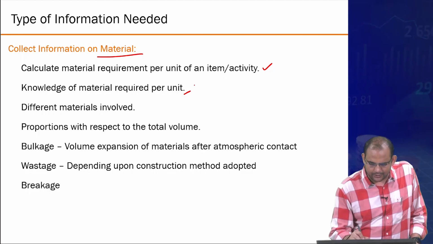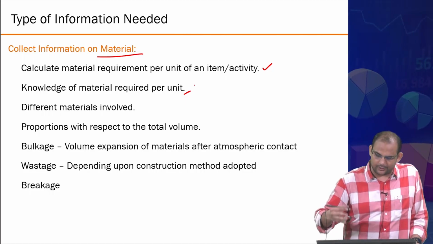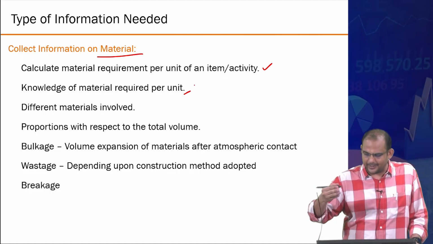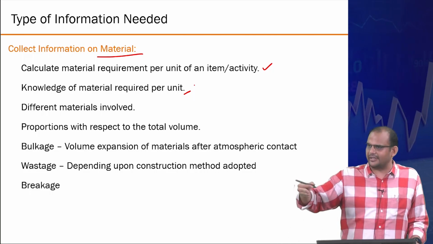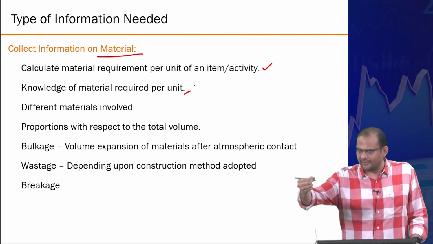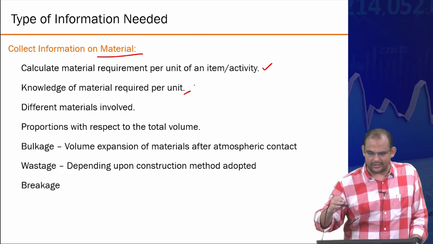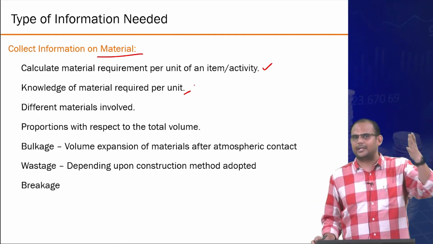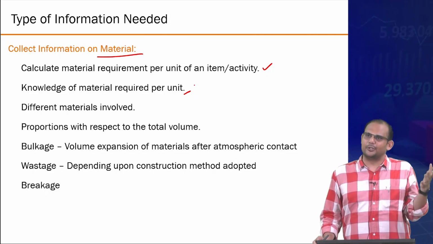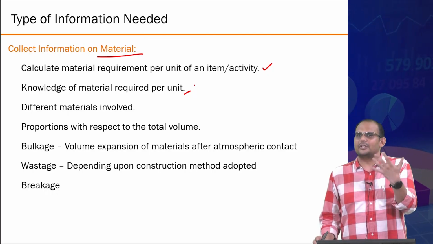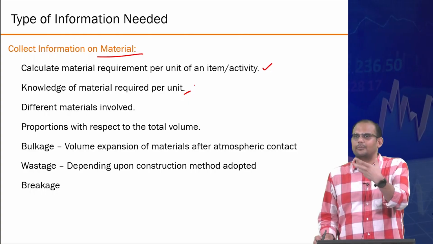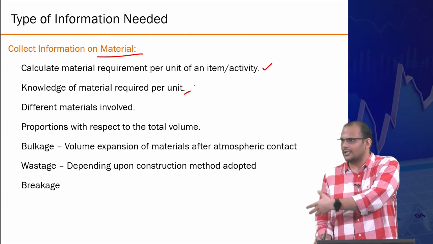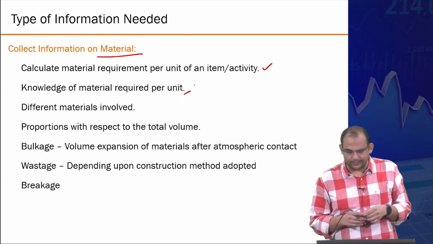So you need to know the material required per unit. You also need to know how much activity will be done in a specific time. With that, you need to have some factor of how much material is required per unit of that activity. For example, in 1 cubic meter of concreting, how much aggregate you require versus how much cement versus how much sand. All these things you can do.